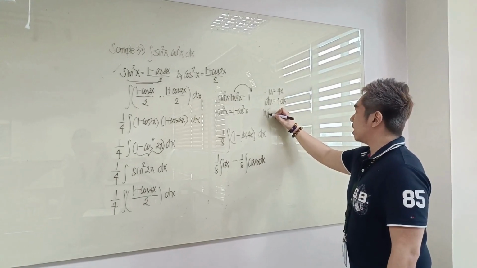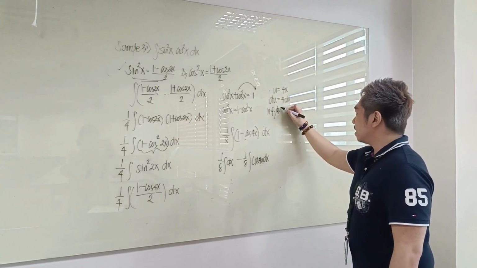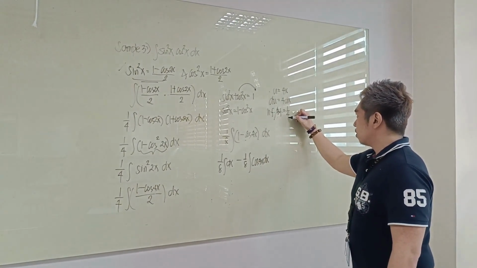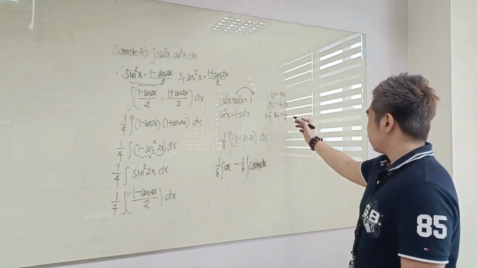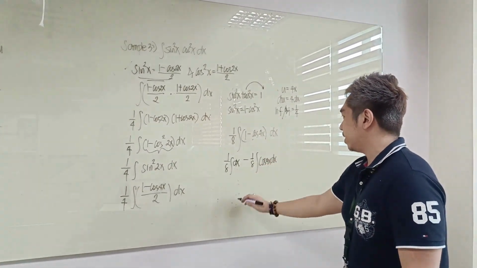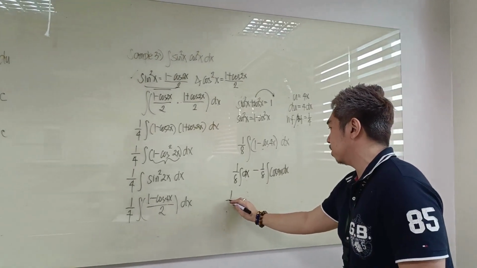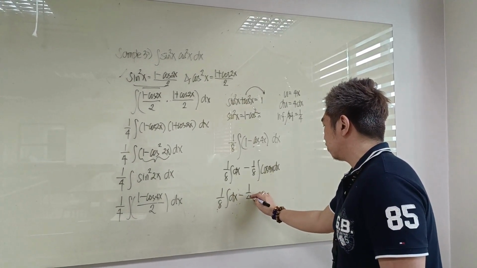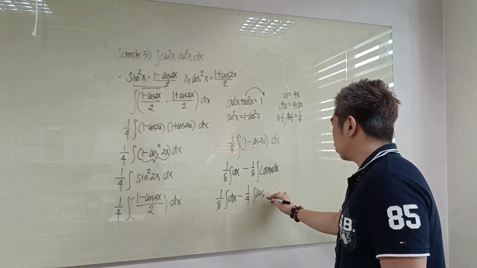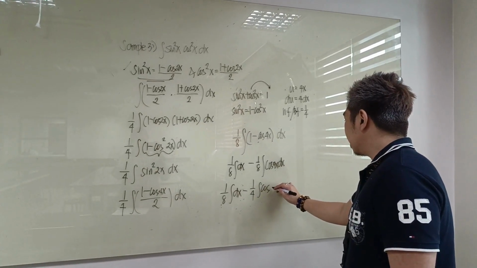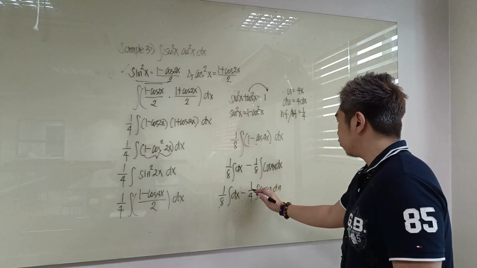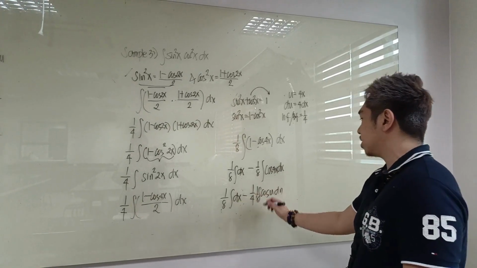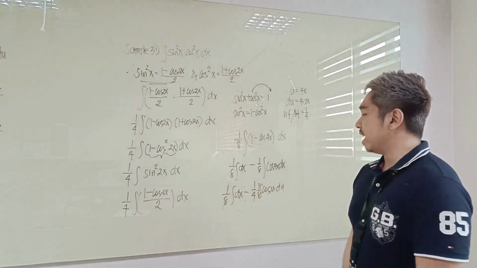So we let u be equal to 4x, du be equal to 4 dx. So we'll have a balancing factor equal to 1 all over 4. So therefore, the expression becomes 1 all over 8 integral of dx minus 1 all over 4 integral of cosine u du, and don't forget the 1 all over 8 which is given here. So the integral of dx is simply x.